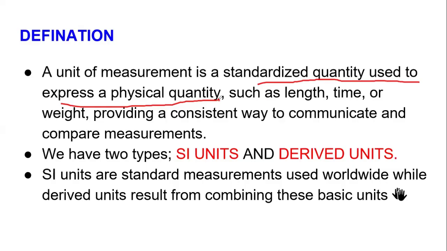For me to know that this is a 50-centimeter rule, I need to know the unit of measurement of length, right? Or for me to know that this exam will take a certain period to complete, I need the unit of measurement, which is time. So it's just a standardized quantity that is used to express a physical quantity.